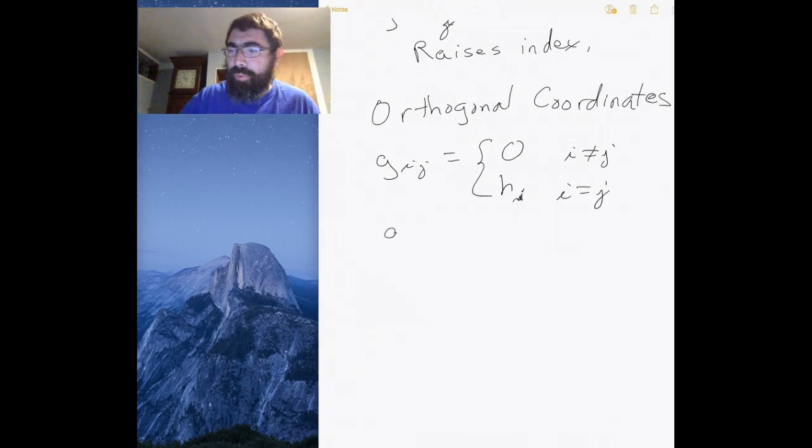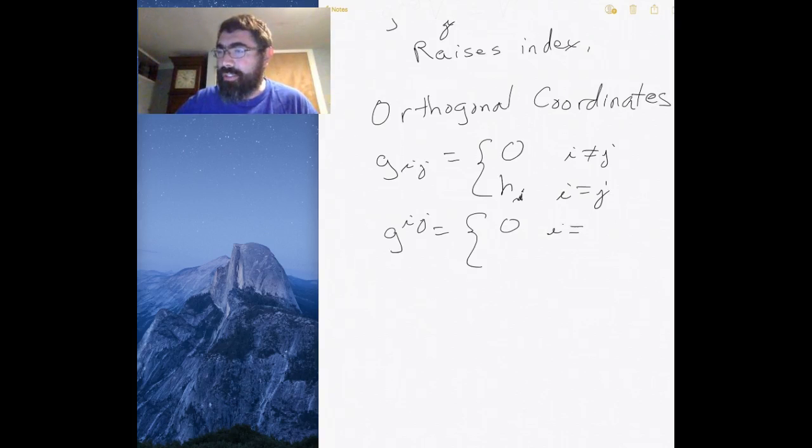If I now have the raised indices, the contravariant, then what you would find is that, again, if i is not equal to j, then the component is 0. But if i is equal to j, then you get 1 over the scale factor.